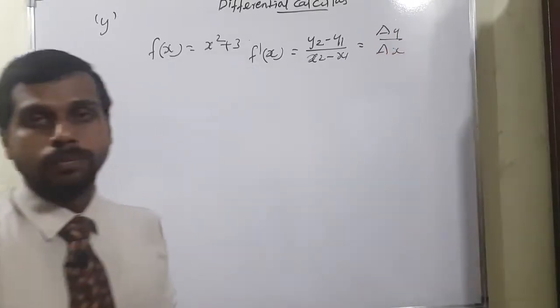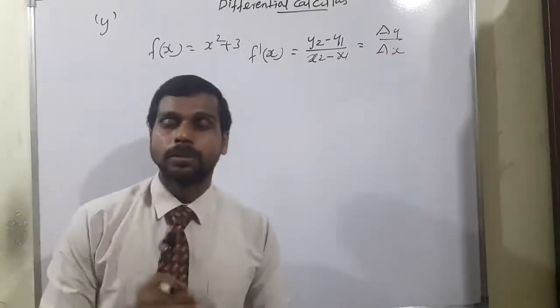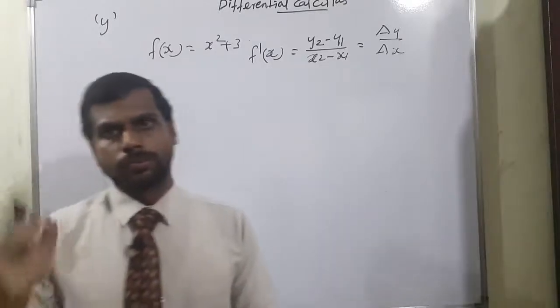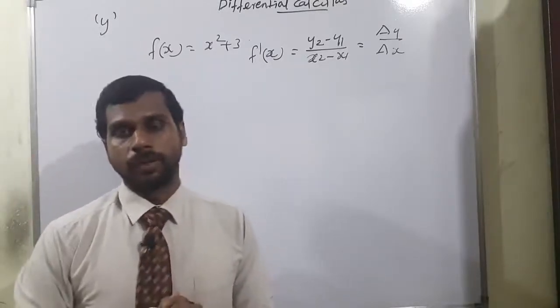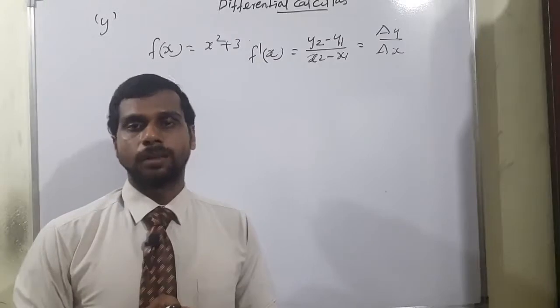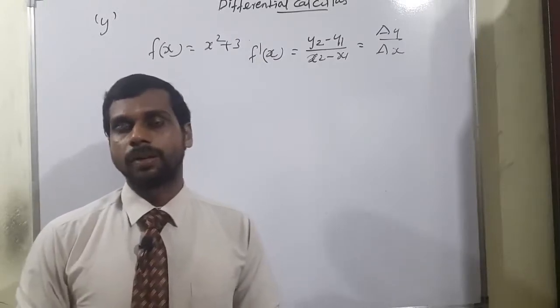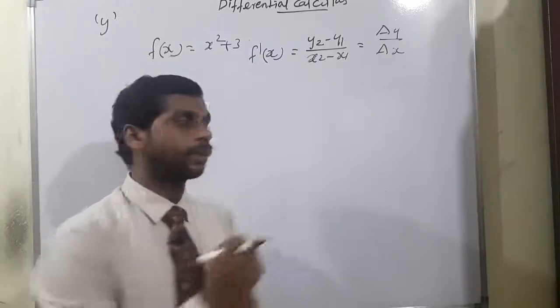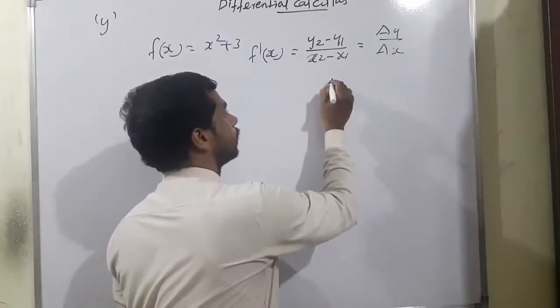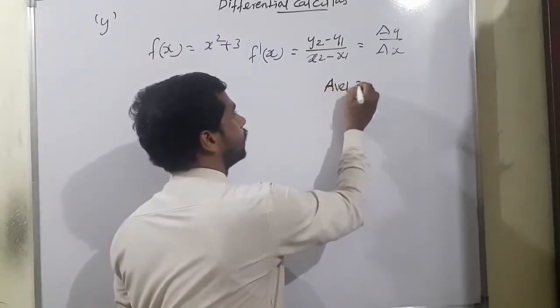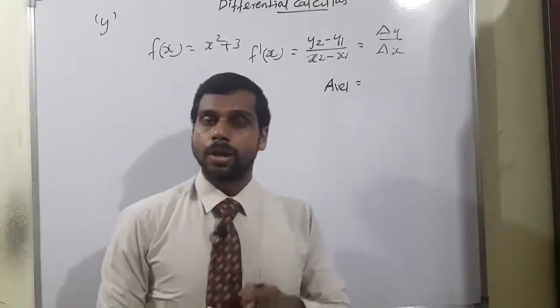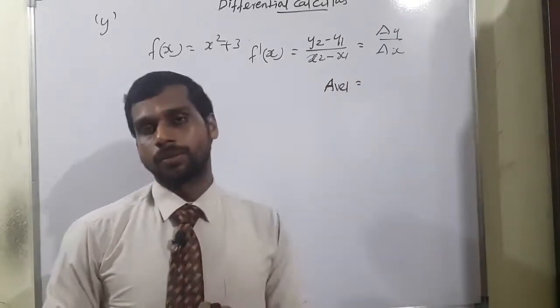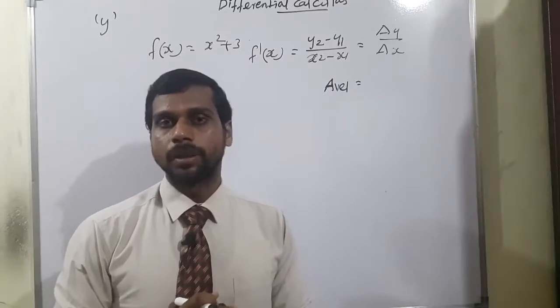For example, one person is travelling from Chennai to Tirunelveli by train. How do we find the average velocity? Average velocity is equal to total distance travelled divided by time taken.